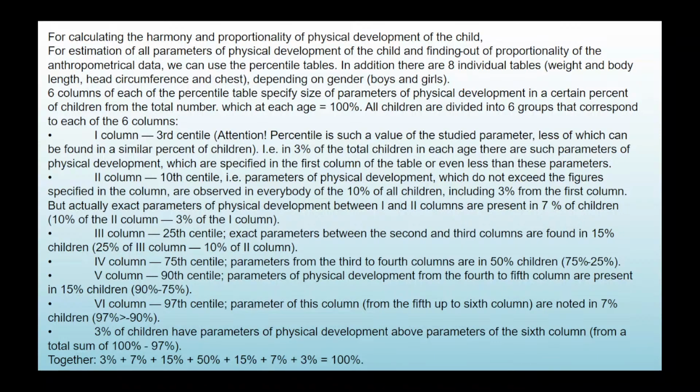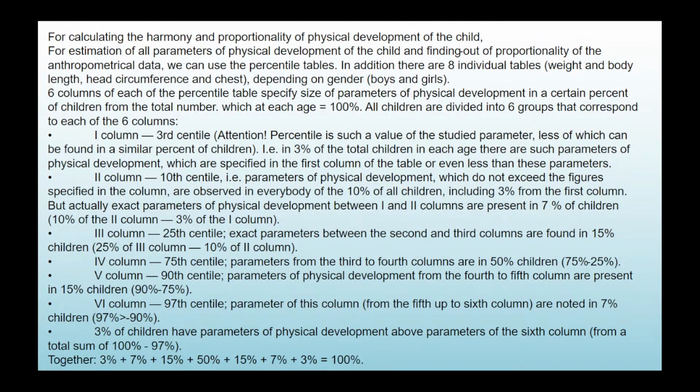Fourth column, 75 centile. Parameters from the third to fourth column are in 50% of children. Fifth column, it's 90 centiles. Parameters of physical development from the fourth to fifth column are present in 15% also.